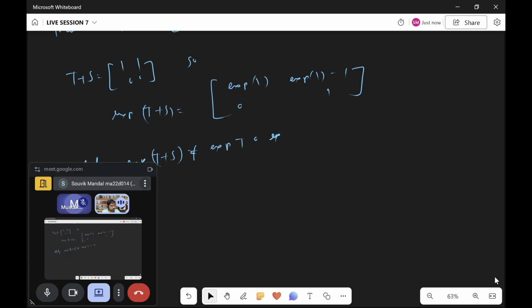If we calculate exp of T plus S, it comes to be [[e, e-1],[0,1]]. And that is clearly exp(T+S) not equal to exp(T) exp(S).